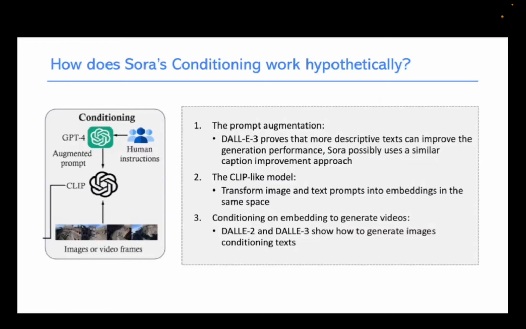Sora possibly uses a similar caption improvement approach. Those inputs will go through a CLIP-like model, which will transform the image and the text prompts into embeddings in the same space. Those embeddings will be used as conditioning to generate videos. We have seen from DALL-E 2 and DALL-E 3 how to generate images conditioned on text, and video is just similar.